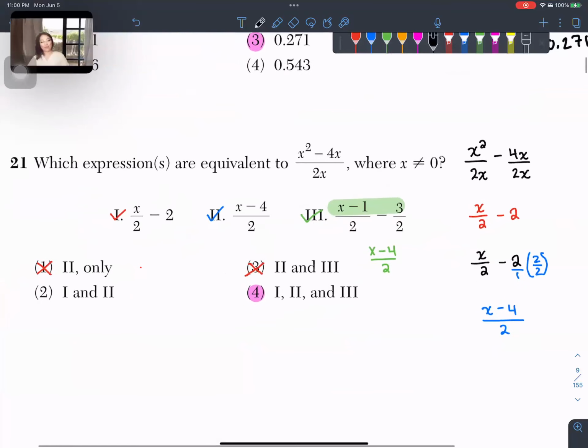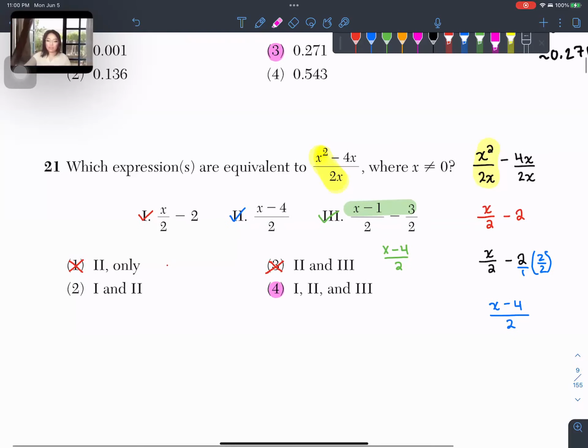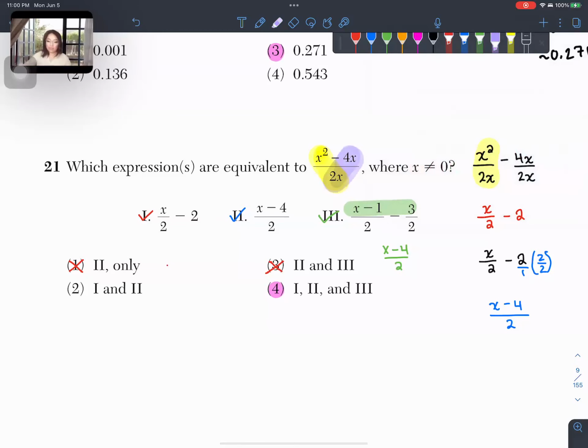All right, so now we're at 21. For 21, you just break this up into two halves. Here's the left side, and then here's the right side. I'll do it in purple because I didn't use purple yet. So this side, and then you simplify, and voila.